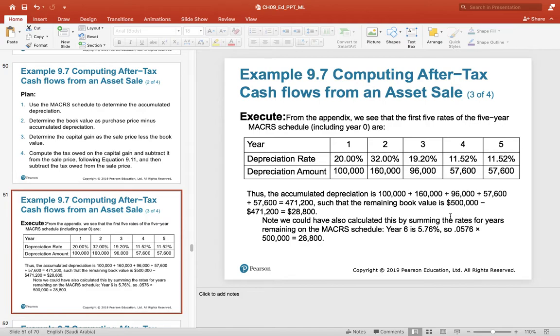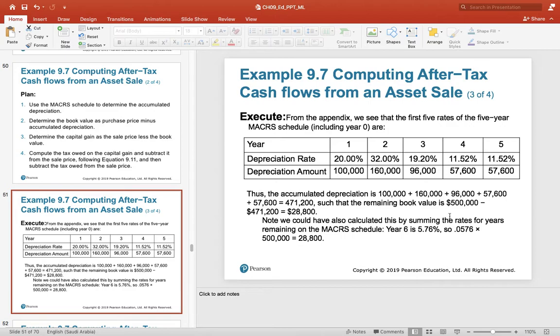Let us do it. The asset is purchased for how much? 500,000. So MACRS is for 5 years. What does the 5 years MACRS say? Year 1 20%, year 2 32%, year 3 19.2, year 4 11.52, year 5 11.52. So 500,000 at 20% is 100,000, like that calculated: 160,000, 96,000, 57,600, 57,600.